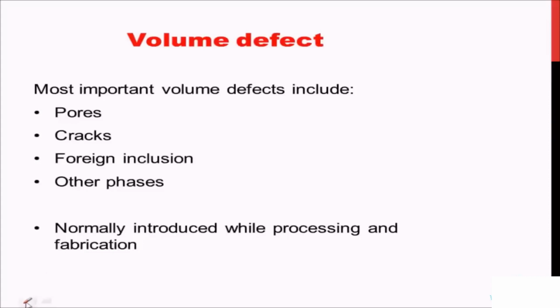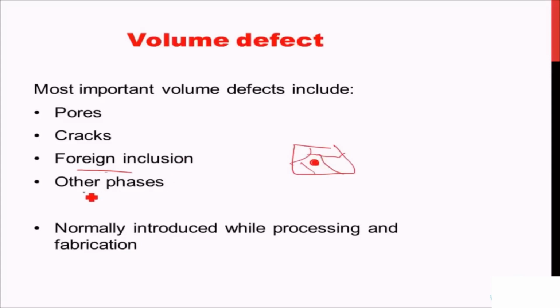Then there can be presence of completely different material, known as foreign inclusions. So we have something like this with different grains of the same material, but then we have some inclusion here. So this is a three-dimensional inclusion. Therefore it is a volume defect.